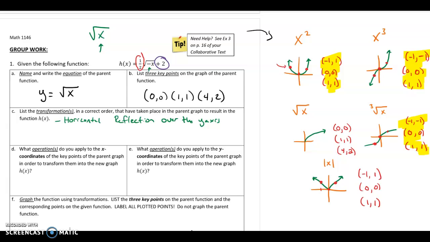Hopefully we know that that 1/2 is what we call a vertical stretch or compression, okay? So it's going to affect the graph vertically. And since it's 1/2, a fraction, a number between 0 and 1, this is actually going to be a vertical compression by a factor of 1/2.